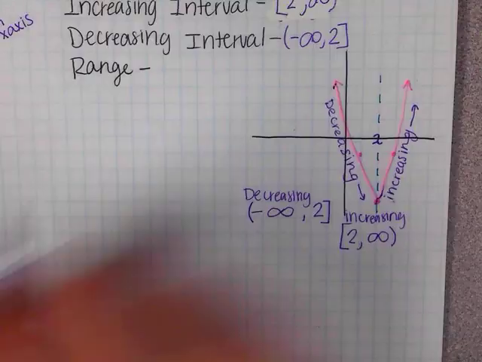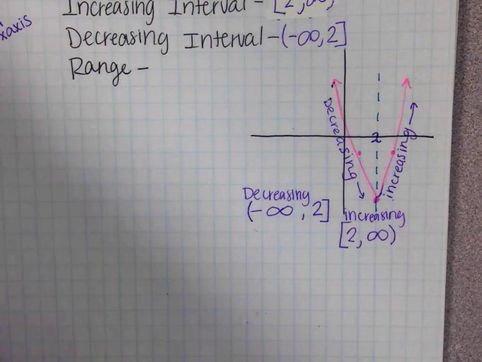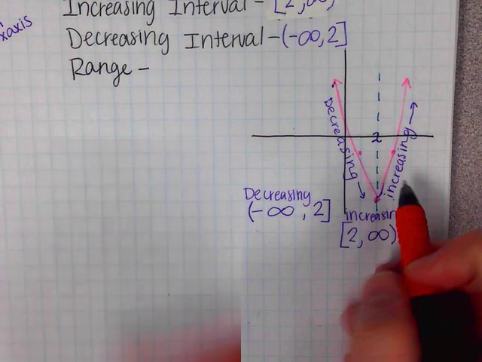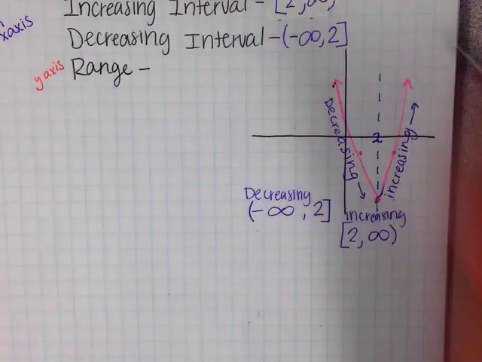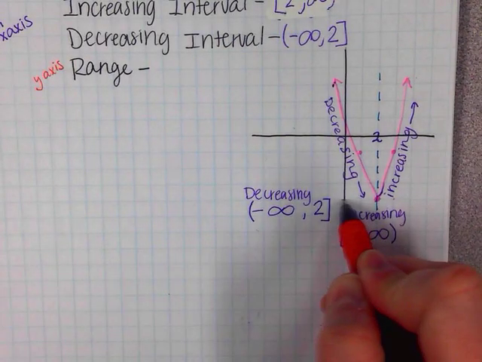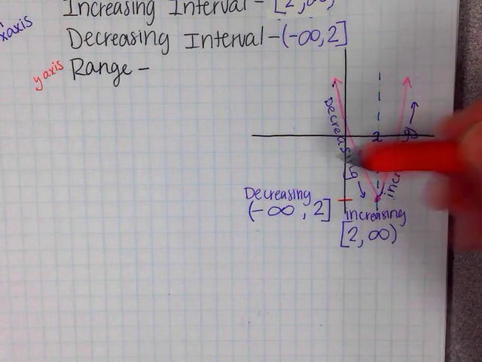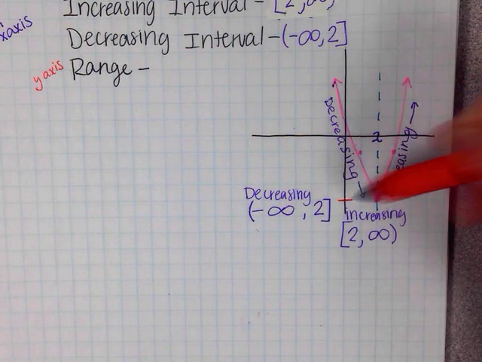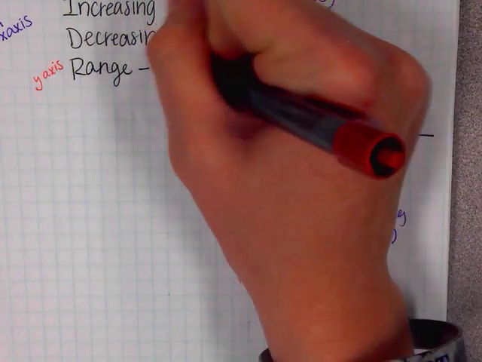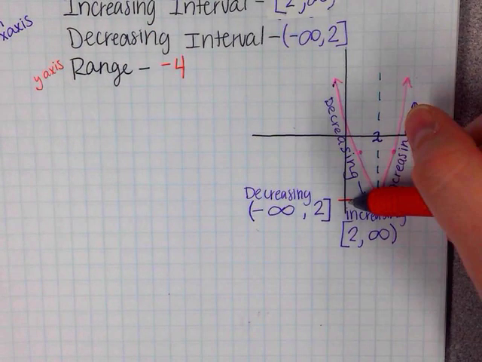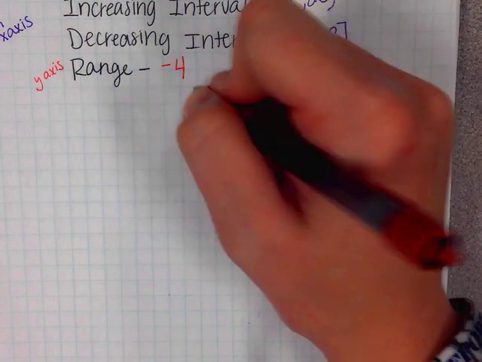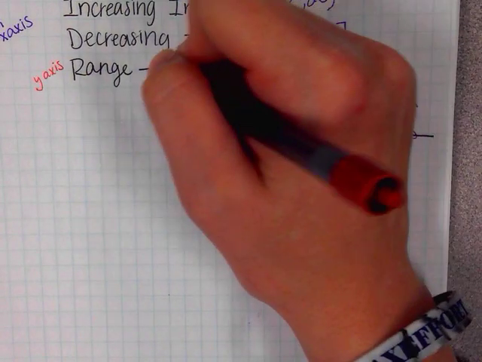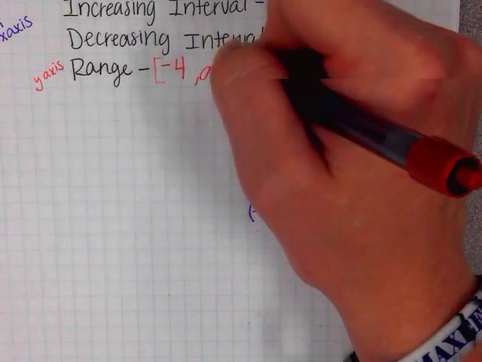Okay, the range we've talked about, so it should just be review, but I'll still talk about it. The range talks about the y-axis. On the y-axis, the lowest value is at 1, 2, 3, 4, so from negative 4 to infinity. Negative 4 is the lowest value to infinity. Again, bracket, parenthesis.